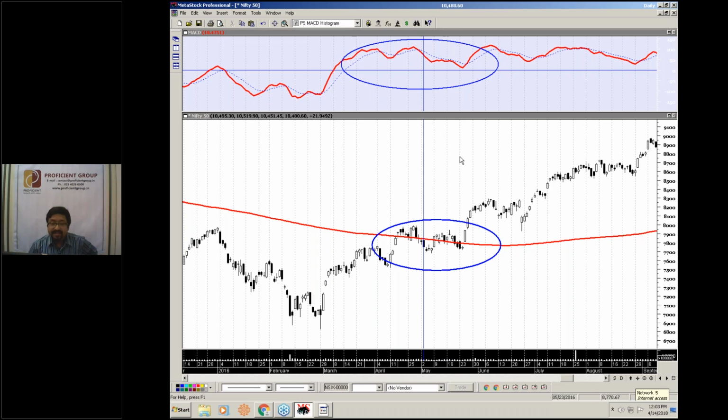That means the trend does not change just because one of the indicators is reversing its signal. I need two indicators. So this system will need both the indicators to reverse their signals. Only then a change of trend will be signaled, right? So this is the primary logic. If both the indicators are above, MACD is above its zero line and prices are above the 200-day moving averages, it is an uptrend, right?